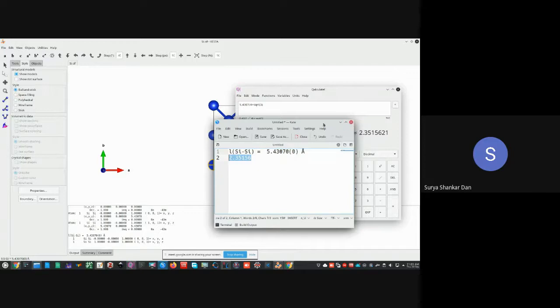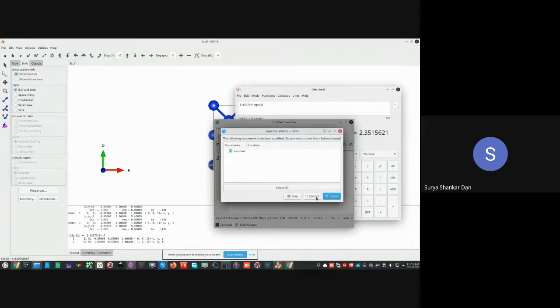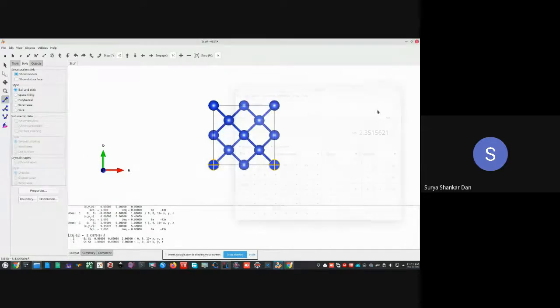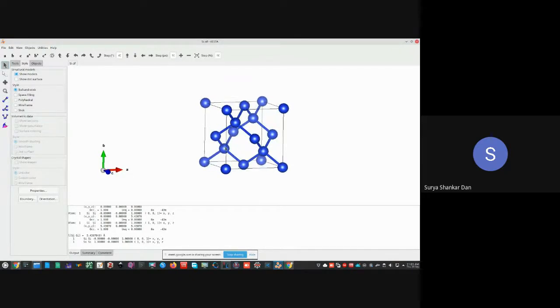How we got that root 3 by 4 is something we will check in the lattice geometry in our next lecture. And furthermore, the point I want to make is that the second interpenetrating FCC is at an offset of A by 4.